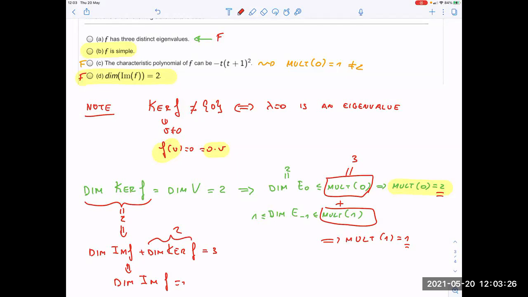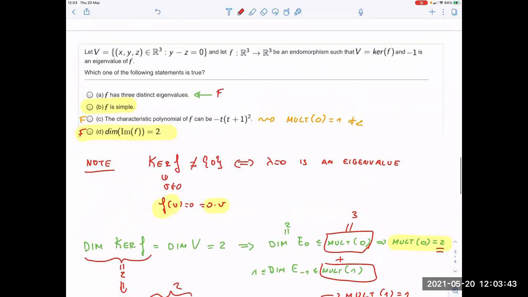So we are left with the fact that F must be simple as the only possible true option. And why is it true that F is simple? Well, from what we saw here, there are 2 eigenvalues, 0 and -1. The dimension of E0 is 2. The dimension of E-1 is equal to the multiplicity, so it can only be 1.